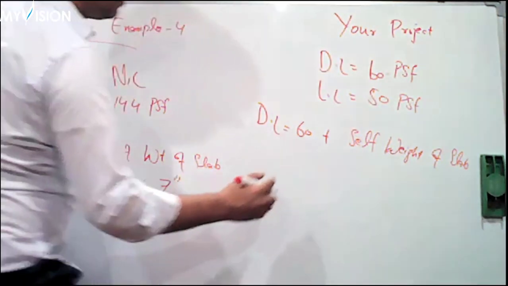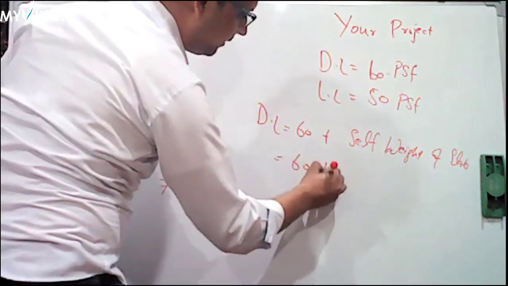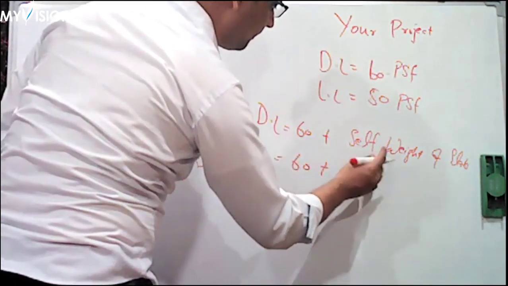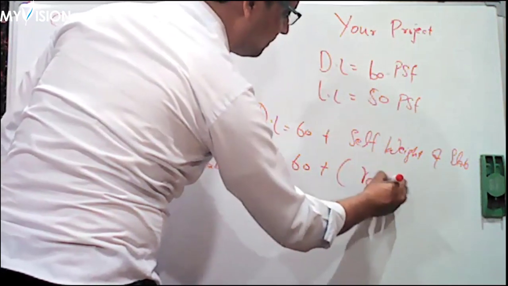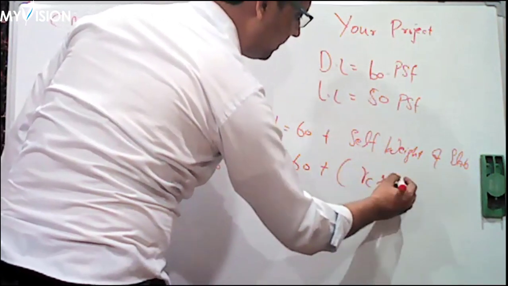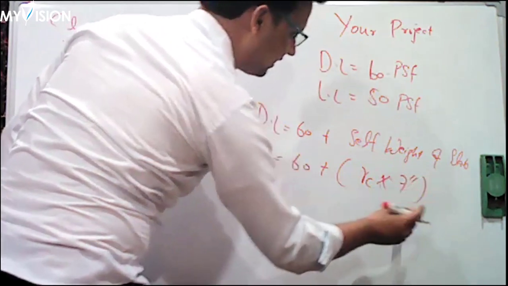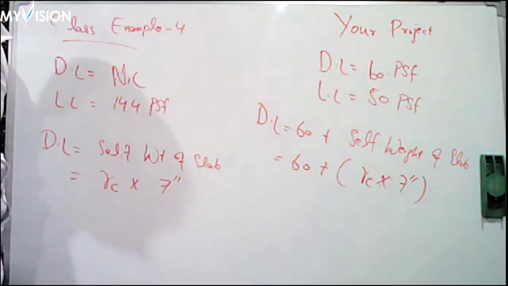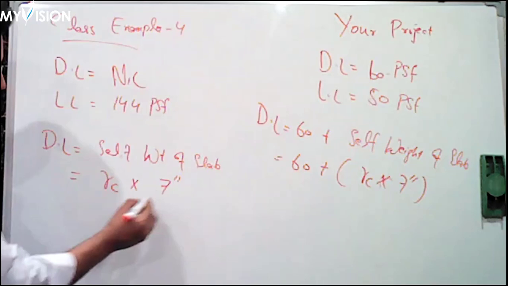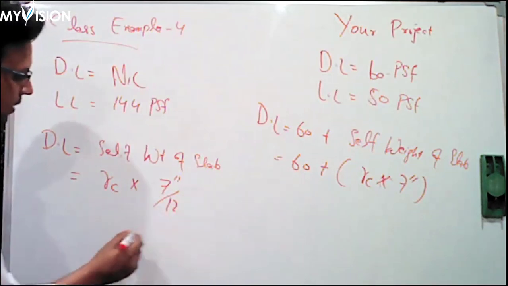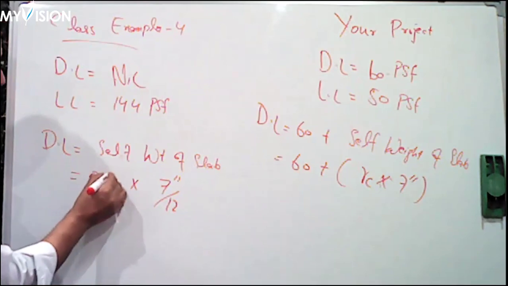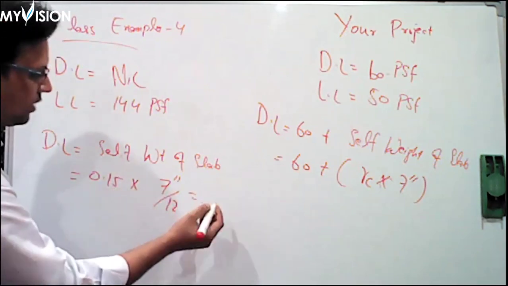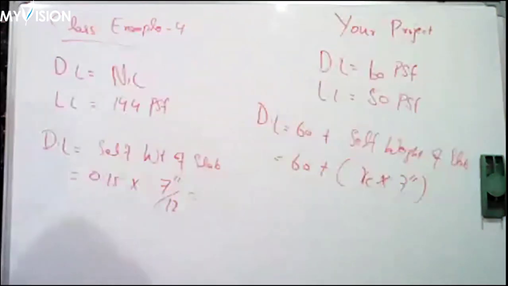The 7 inches is calculated as 7 divided by 12, and the gamma concrete value is 0.15, which gives the answer.